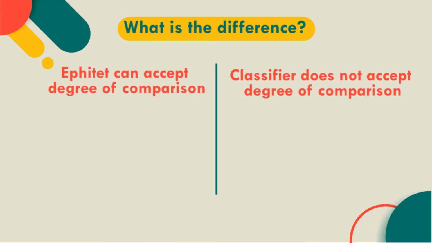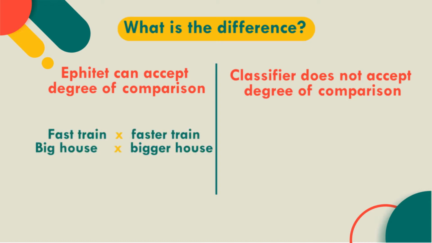Epithet can accept the degree of comparison, meanwhile, classifier doesn't accept degree of comparison. For example, fast train. In epithet, fast train means the train that goes fast, so there may be a faster train.